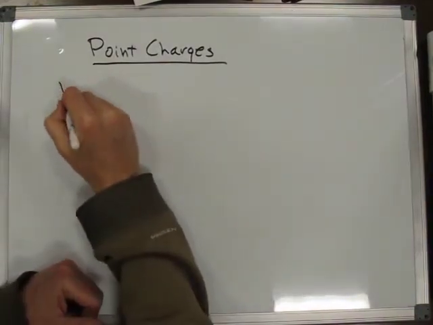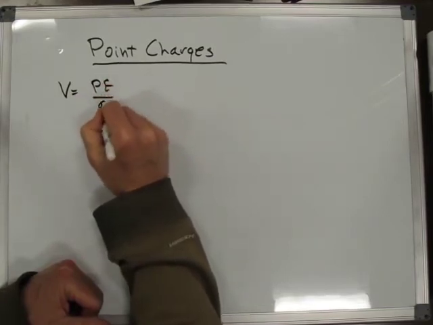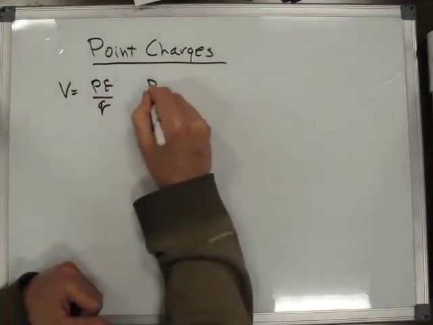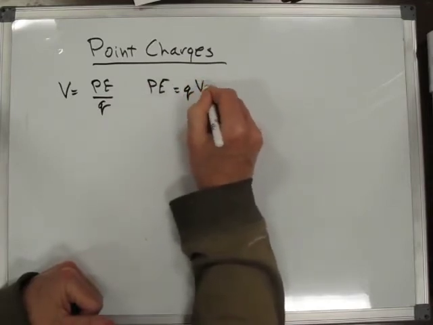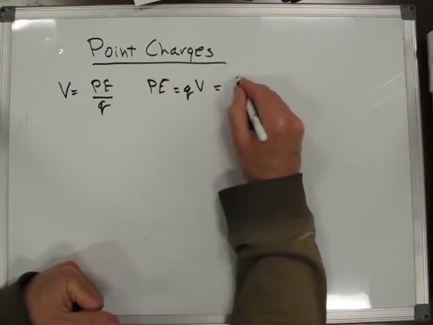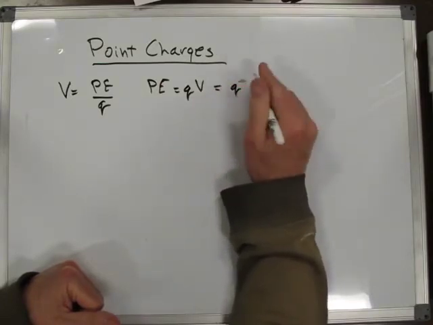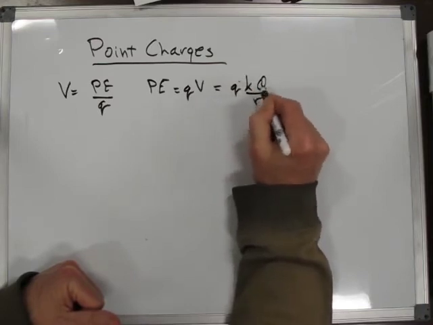If you remember, the electric potential is the potential energy per charge, and so that means the potential energy is equal to the charge times the electric potential. For point charges, this becomes little q times kQ over r.